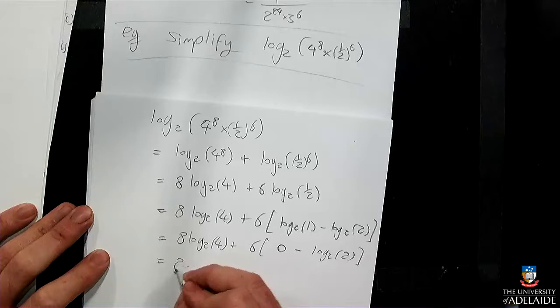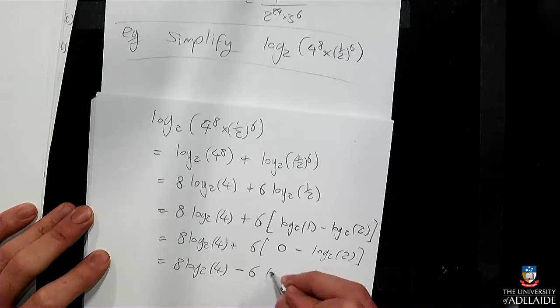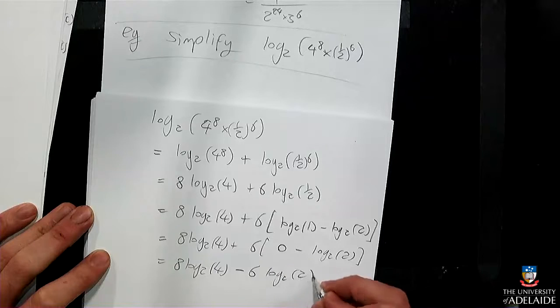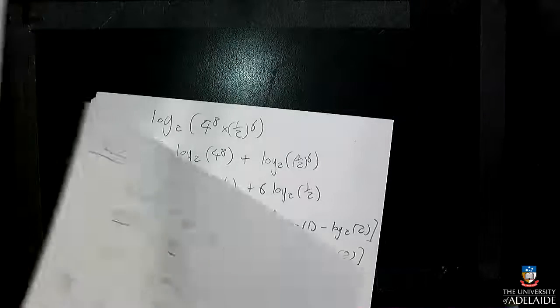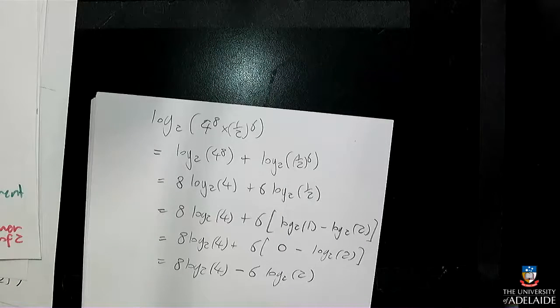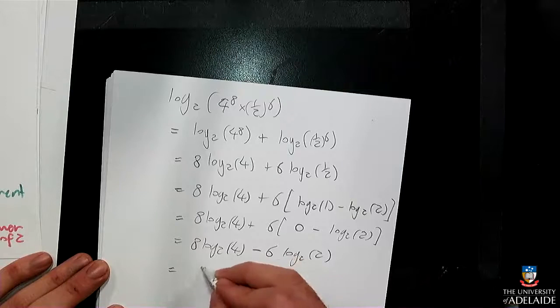Okay. Well, log base 2 of 2 to the anything should be that thing, because they cancel each other out. So that's the same as 2 to the power of 1, right? Oh, and 4 is 2 squared.